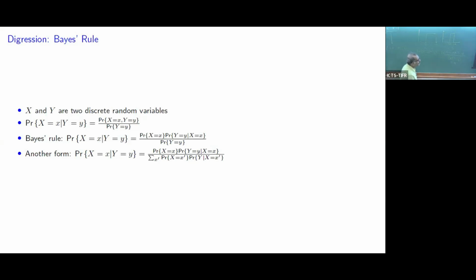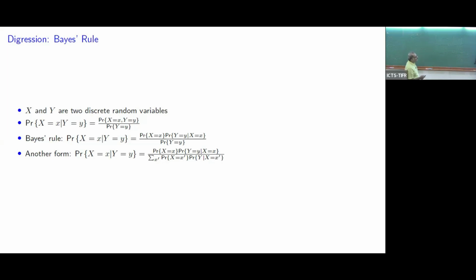We get it from a similar expression as this, where you have y here and x here, right? So if you look at the probability of Y equal to y given X equal to x, that is the probability of x and y divided by the probability of X equal to x. You just take that probability to the other side, and you will get this numerator.